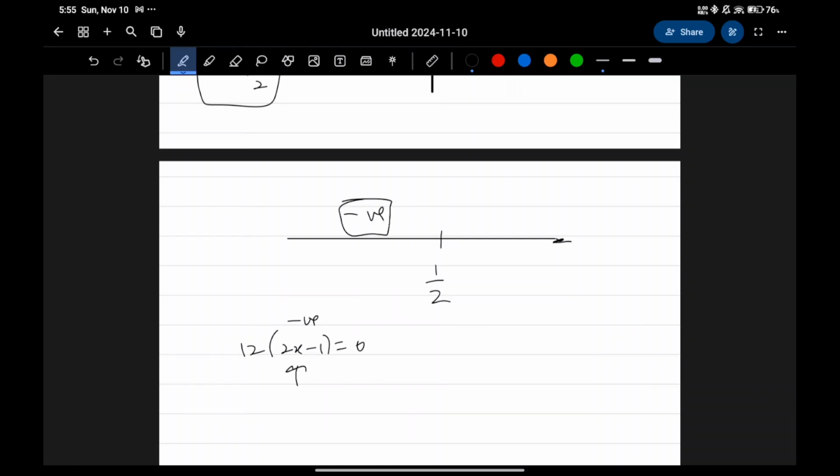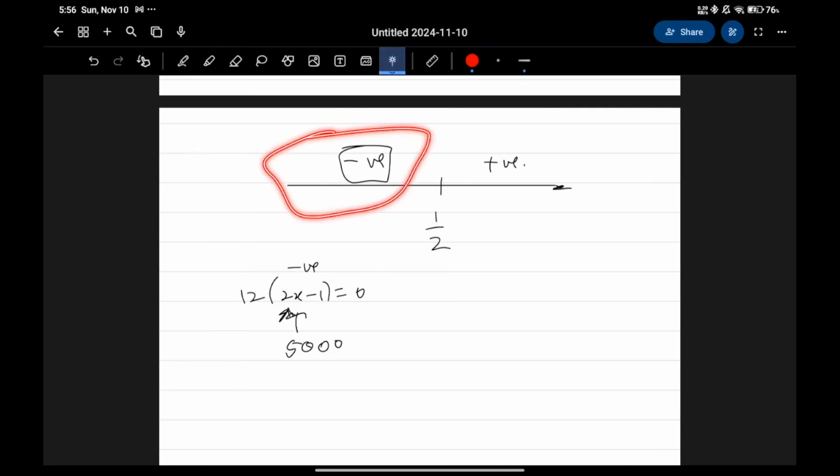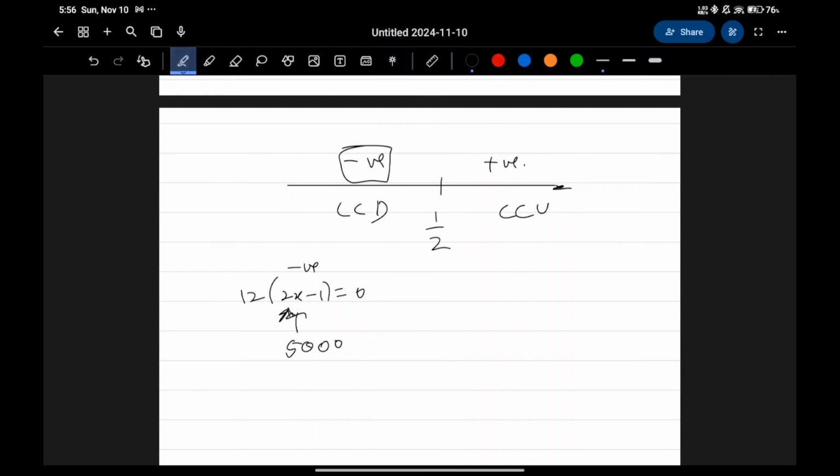If I plug in a number bigger than half, let's say 5,000, this is like 10,000 minus 1, which is a positive number. So this becomes positive. The regions where it's negative will be concave down. The regions where it's positive will be concave up.